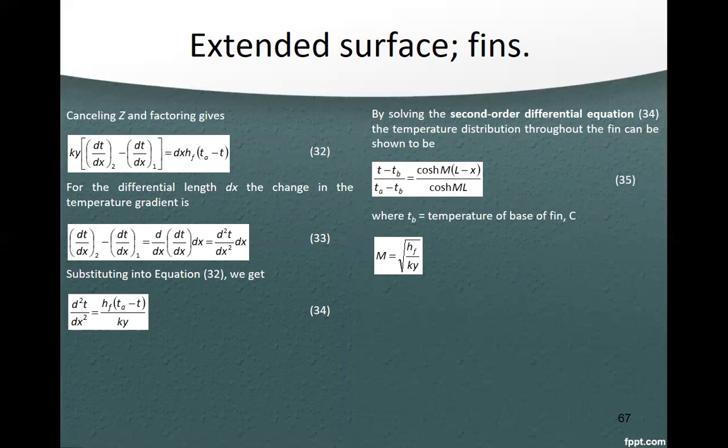For the differential length dx, the change in temperature gradient, ito na, derivative of T with respect to X at 2 minus derivative of T with respect to X at 1 is the derivative of dT over dx with respect to x times dx, which is equal to the second derivative of T with respect to x times dx.